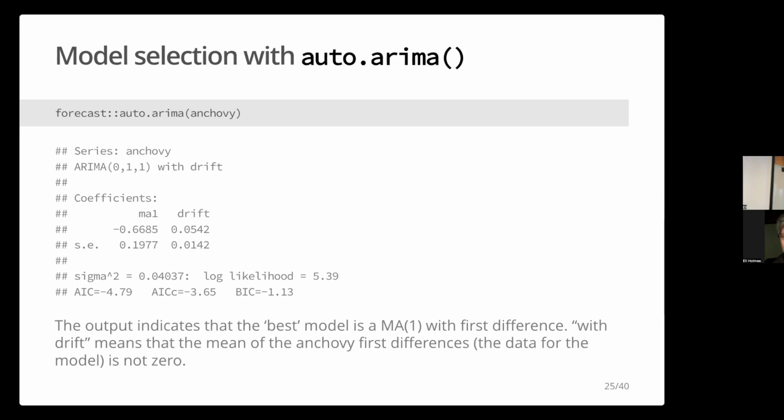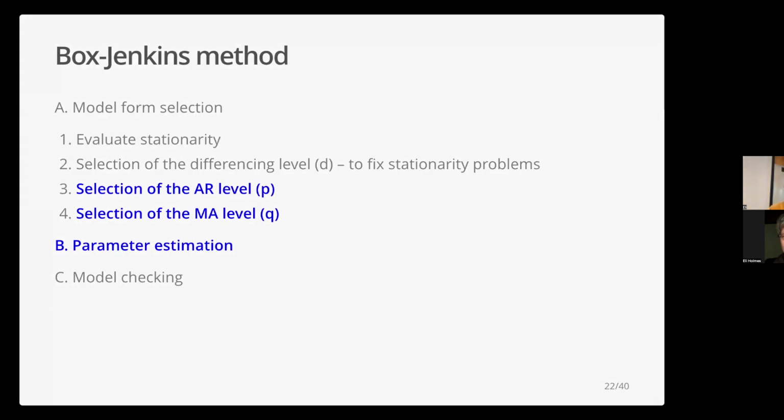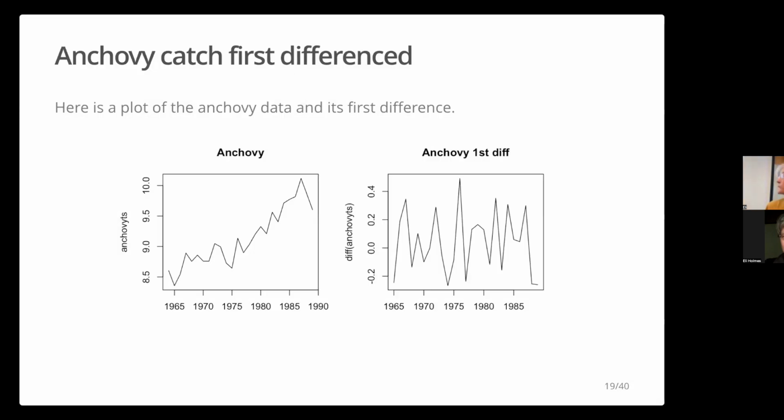All right, so that's what this is. What it's saying is that if we look at the first difference, let's do it here. Okay, so this is the first difference. It's not very much above 0, but what it's saying is that the mean of this is a little bit above 0.